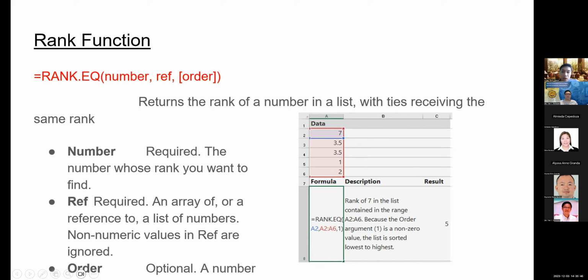The list is sorted lowest to highest. In contrast, if you don't specify the number, or you put a 0 on the order, it would sort the data from highest to lowest. So in the example, we wanted to find the rank of the value on A2, which is 7. Sorry, it is not included here, but the rank here would be 1.